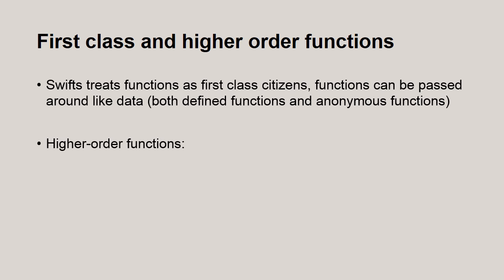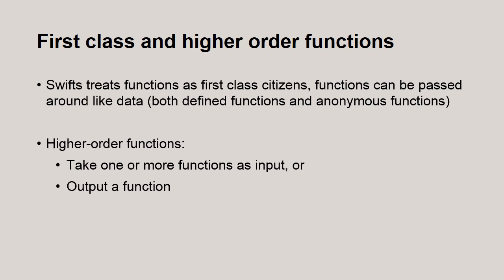A higher-order function is the next level of a pure function. These higher-order functions do one or both of two things. Take one or more functions as input and output a function. Having first-class functions and the ability to use higher-order functions allows you to create incredibly dynamic, easily understood code.